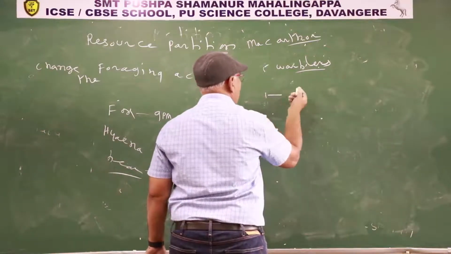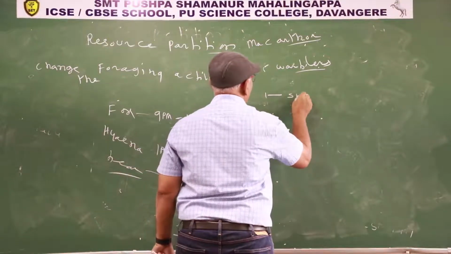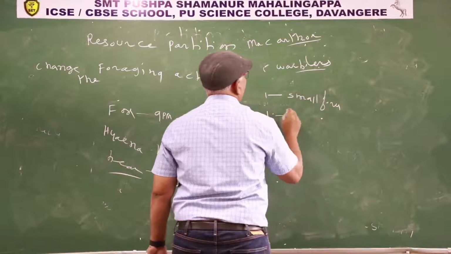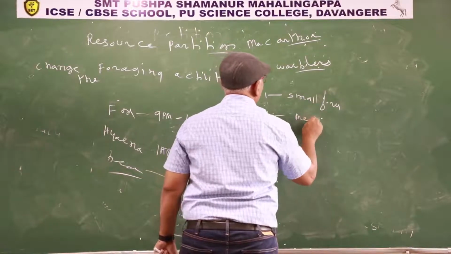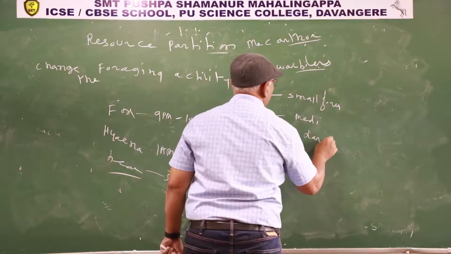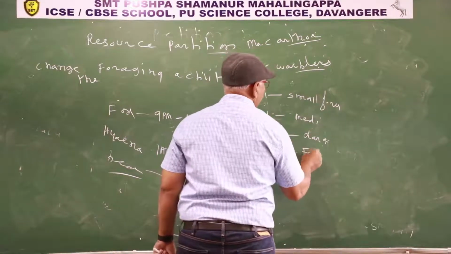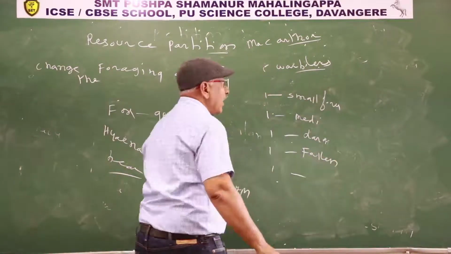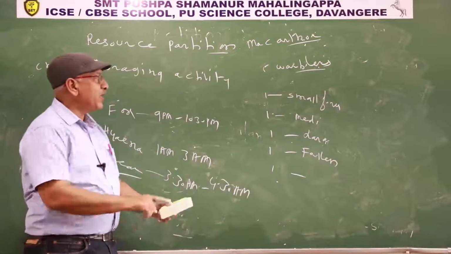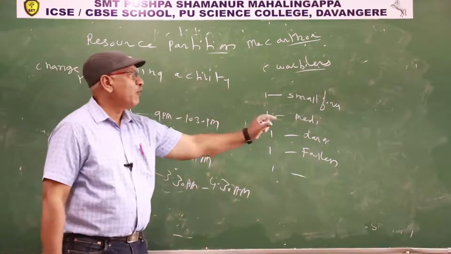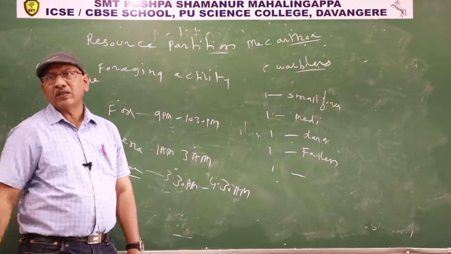Hypothetically, one warbler species may feed on small fruit, another on medium sized fruit, another on large sized fruit, another on fallen fruit, another on unripe fruit. In this manner, they distribute the resource, avoid competition, and live together.